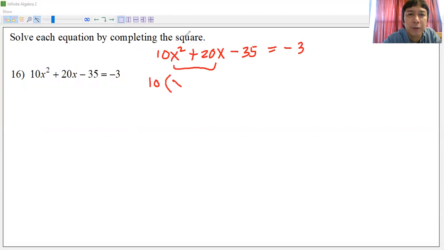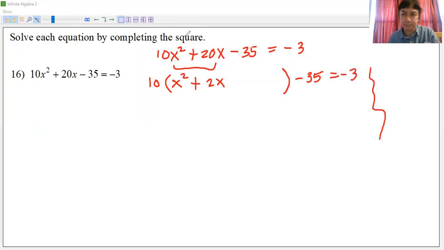It's factorable. This will become 1x squared plus 2x. The moment you put out the 10, the inside terms will have coefficient 1 for the x squared and coefficient 2 for the x. And then we provide a space because we will add something there later, followed by the minus 35 and equals negative 3 there.